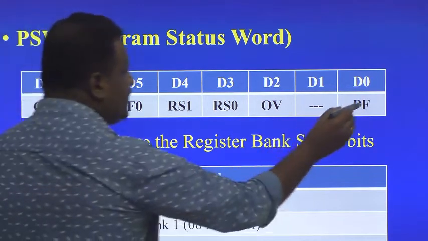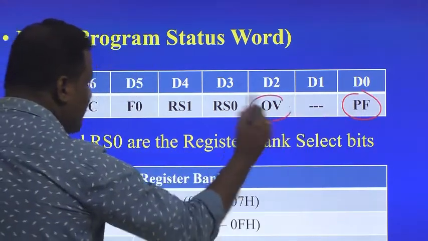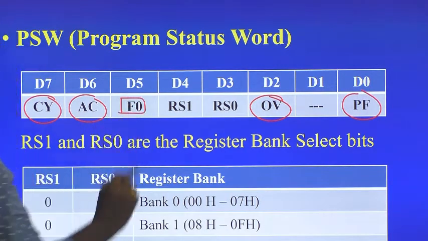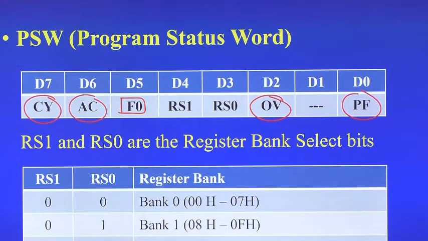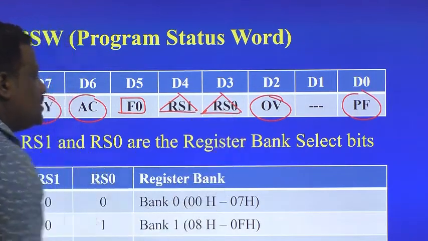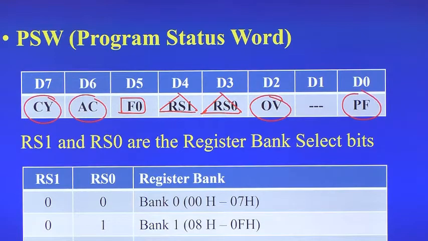Those are the parity flag PF, OV overflow flag, AC auxiliary carry, and CY carry. And 1 is a user defined flag, that is F0, and 2 are register bank selection bits, RS1 and RS0.